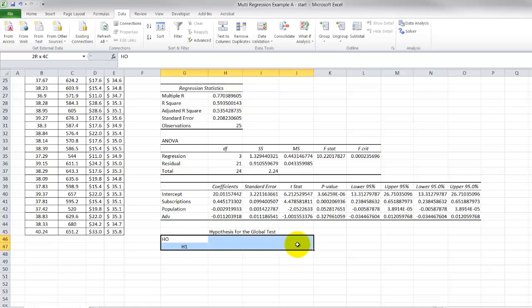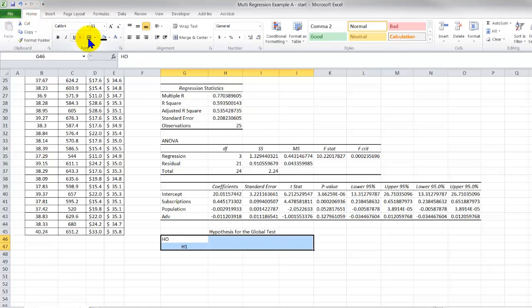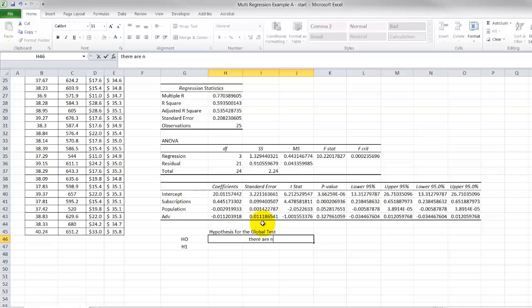And I'm going to place those statements here. The H0 is going to be that there are no significant factors or coefficients. The H1 is that at least one attribute, one factor is significant.